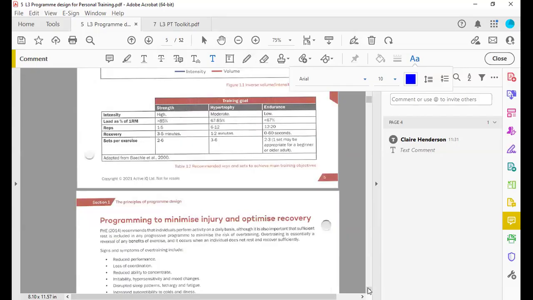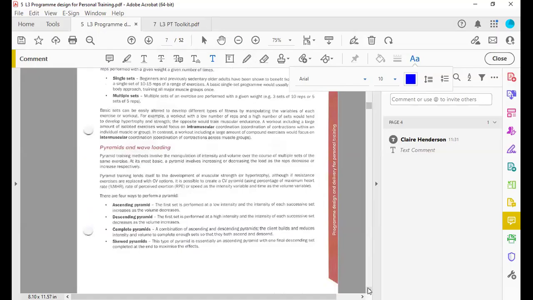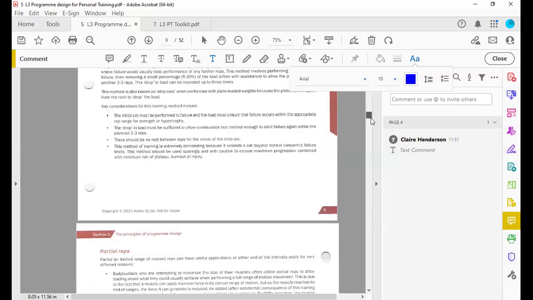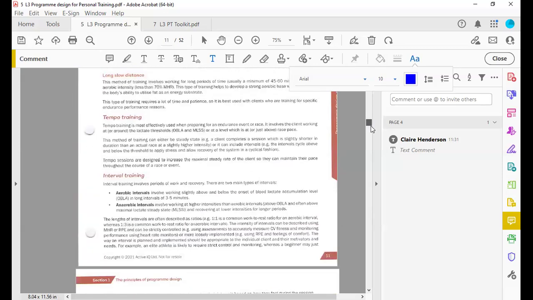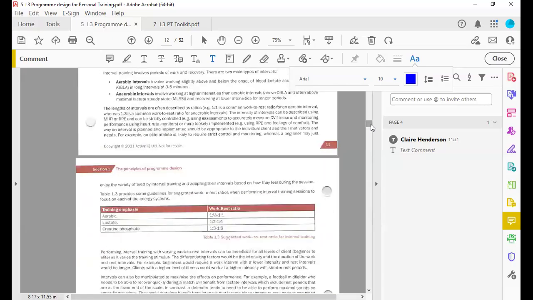So I've done a quick version there, but you've got your table there with your percentage of a 1 rep max. As you scroll through, revisit all of your advanced methods, such as your pyramids, your drop sets, your supersets, your pre-exhaust, your post-exhaust, your cluster sets. Be 100% sure on your work-rest ratios. For example, if I'm going to do a CP interval, the work-rest ratio is 1 to 3.